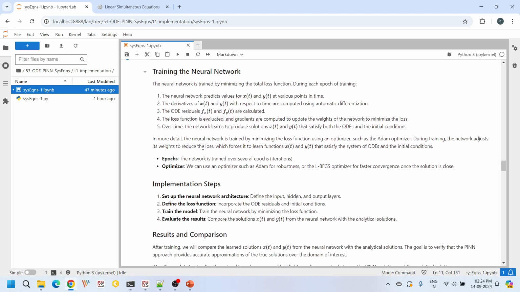Here we are using two special terms: one is the epoch and the other is updating the weights. Epochs are something like iterations actually. We repeat the process of optimization continuously. And in terms of optimizer, we can use any optimizer like Adam or L-BFGS.